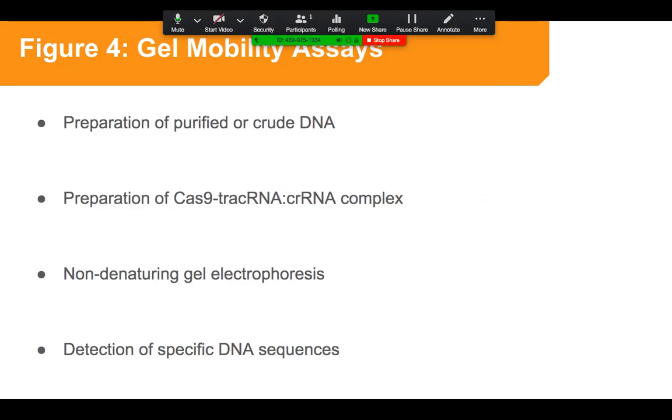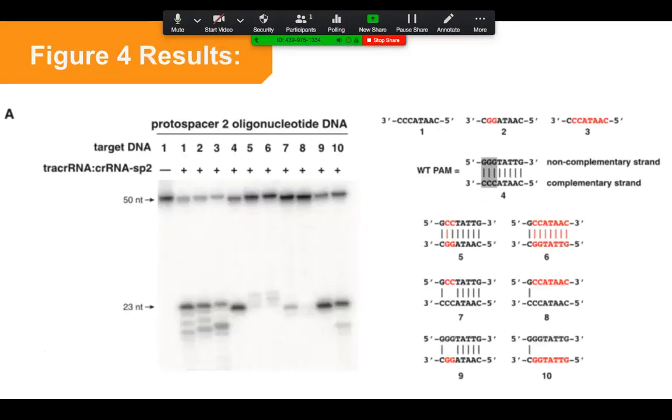And then you're going to use non-denaturing gel electrophoresis to ensure that none of your DNA gets denatured, and you should be able to detect specific DNA sequences. In this case, you'll be able to see if our complex was able to target the correct DNA sequences.